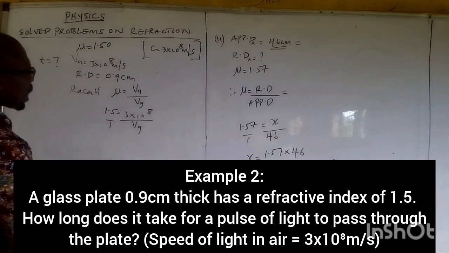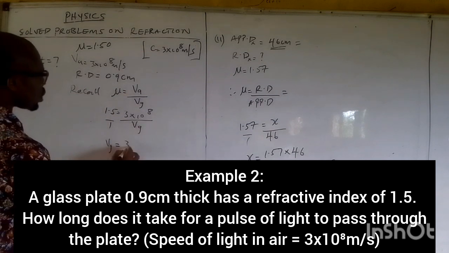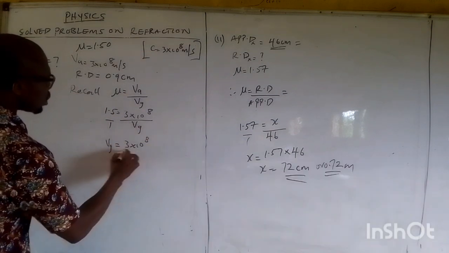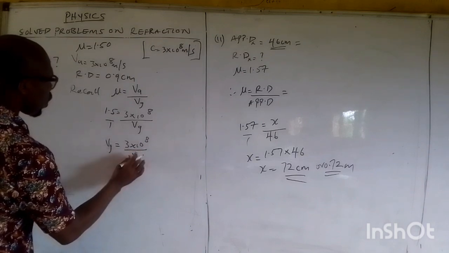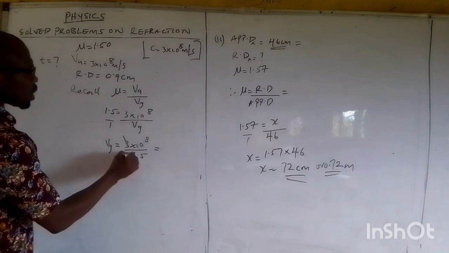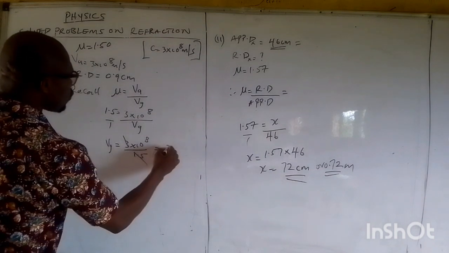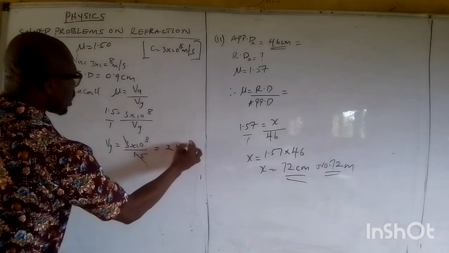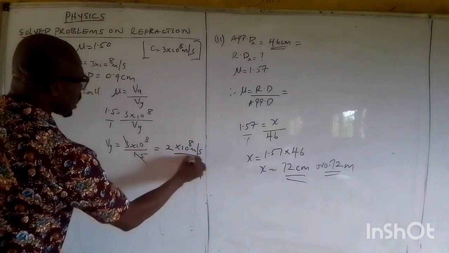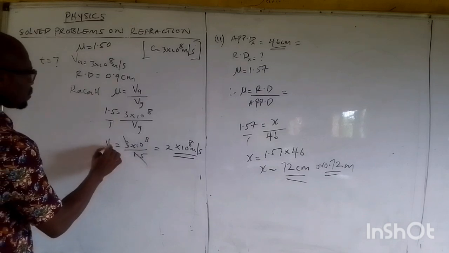We can cross multiply at this point to make glass the subject. Velocity of light in glass will give us 3 times 10 raised to the power 8 all over 1.5. 3 divided by 1.5 will give us 2. So 2 times 10 raised to the power 8 meters per second. So this is the speed of light in glass.